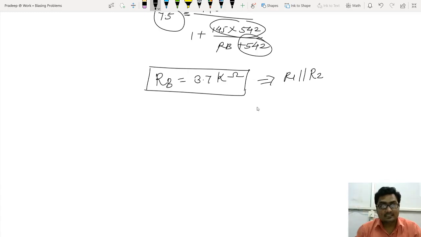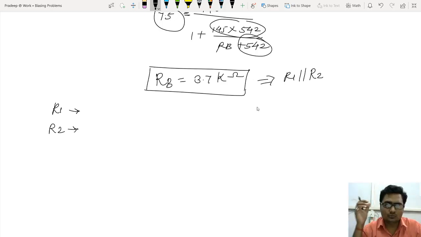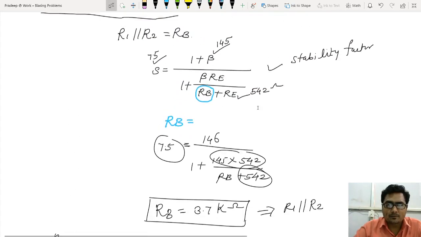Now, from this Rb, we have to hunt for R1 and R2. Why am I telling you this? Because R1 and R2 obviously contribute to Rb. So now this is 3.7. Now let us come to the circuit diagram.